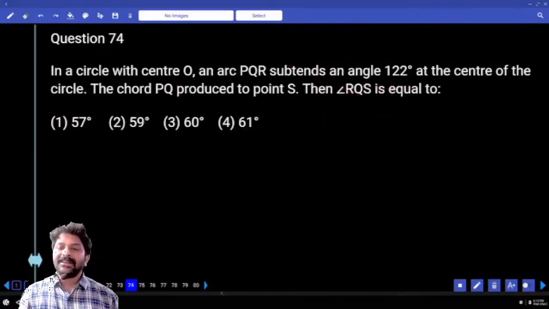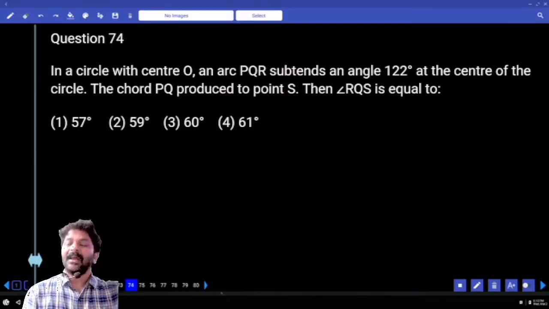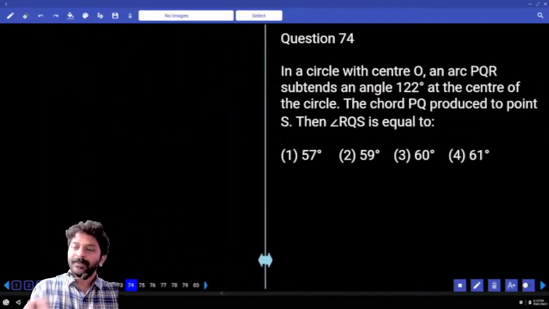In a circle with center O, an arc PQR subtends an angle 122 degrees at the center of the circle. The chord PQ is produced to S. Then RQS is equal to?